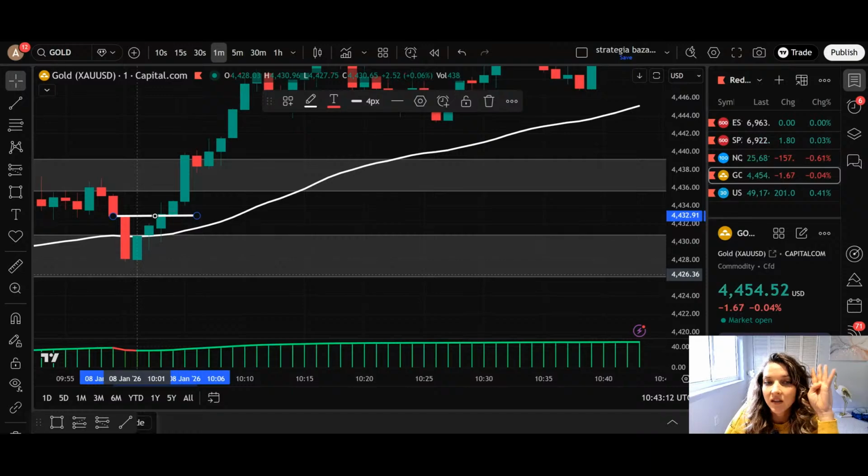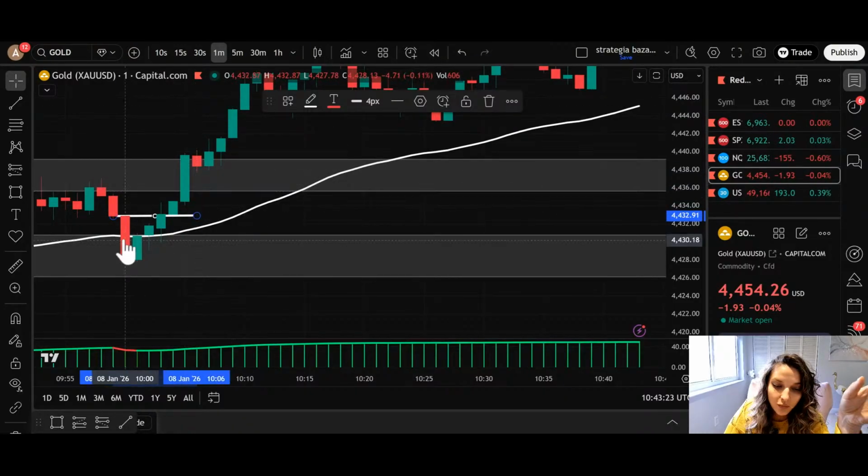And if in the next maximum 4 candles it breaks this high, I consider it a nice rejection. If it breaks it in the next candle, the rejection is stronger.